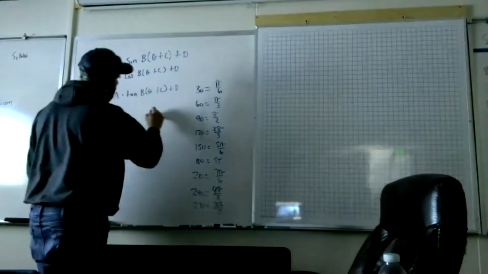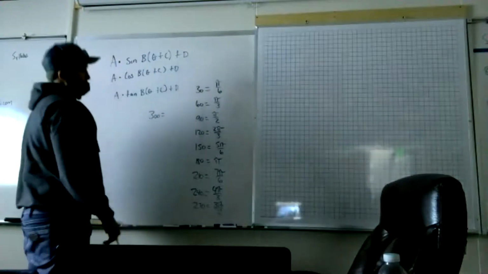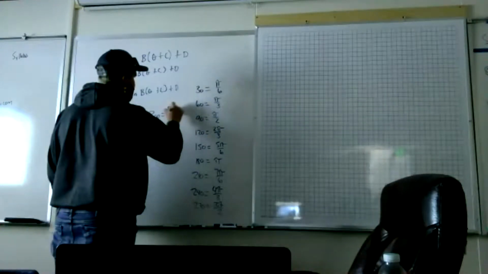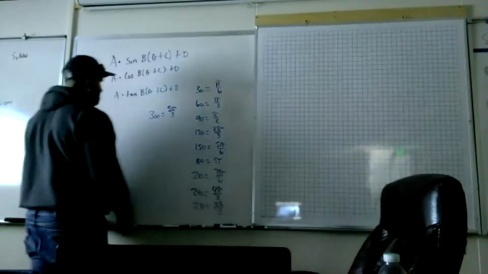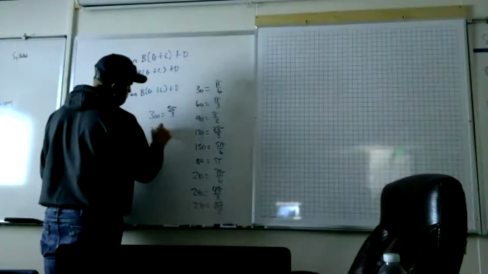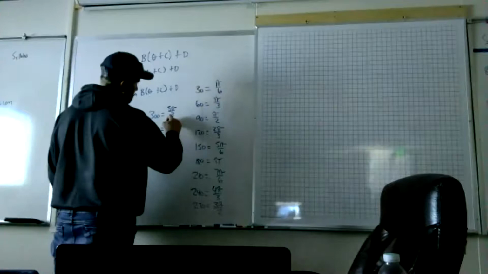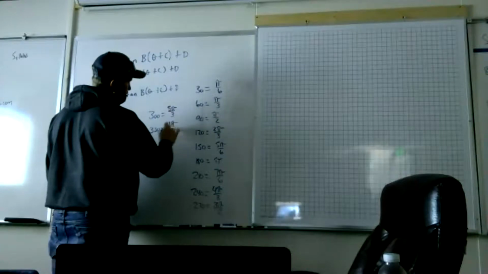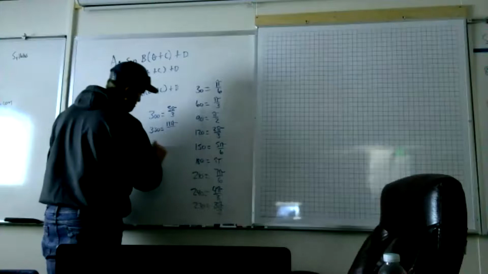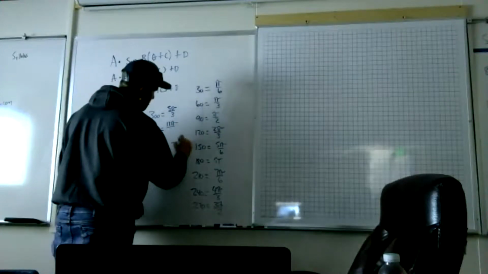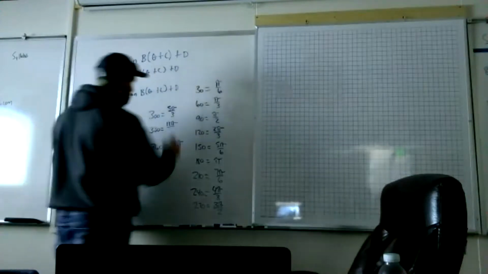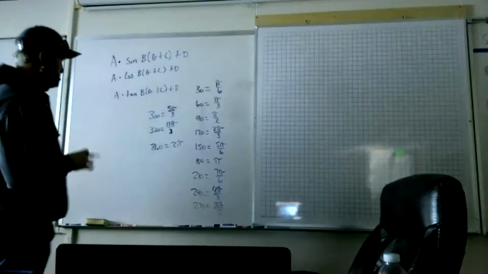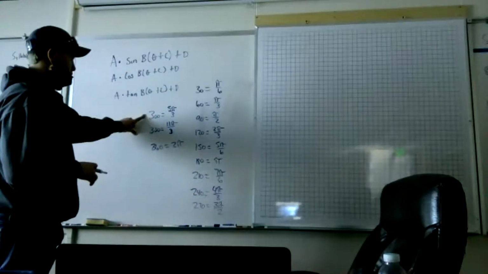It's continued over here. 300 degrees is 5 pi over 3 when it's simplified. 330, give me a second, I'm running through them in my head. 360 is equal to 2 pi. So 330 is 11 pi over 6, I believe.